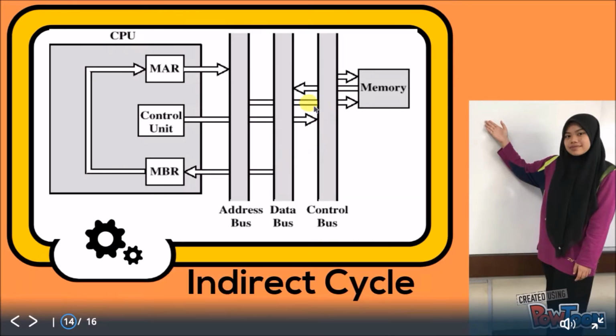In the indirect cycle, the rightmost m bits of the MBR that contains the address reference will transfer to the MAR, which is the memory address register. Then the control unit will request the memory to get the desired address of the operand into the MBR through the data bus.